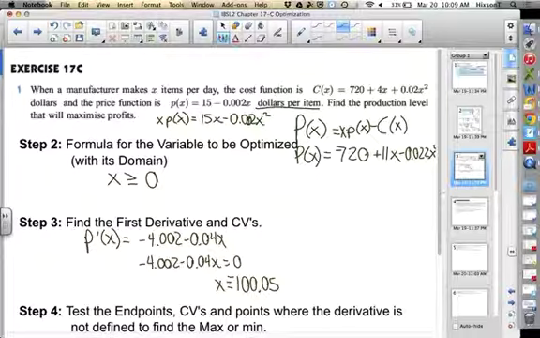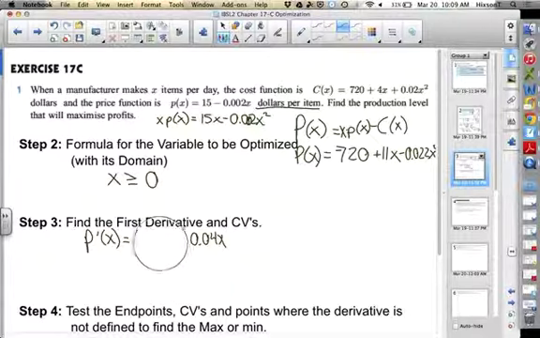Now we still want x greater than 0. Alright? So let's go back here and rework this a little bit. When we get our derivative, it's going to be 11 minus 0.044x. And that's good because that'll now give us a positive answer for x.